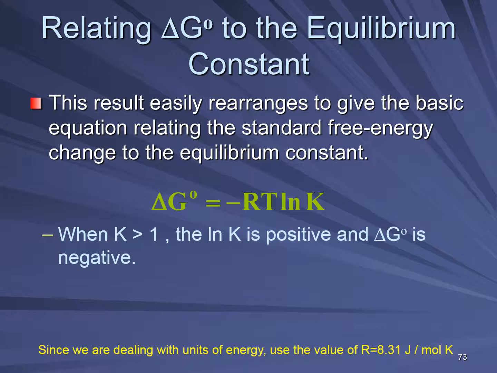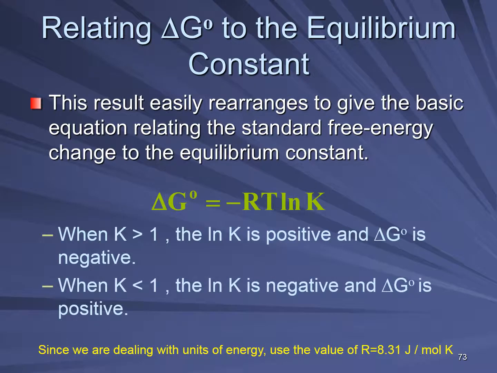If K is greater than 1, products predominate over reactants, so the numerator is bigger than the denominator, and that tells you it's a spontaneous reaction. So it makes sense that they go together. If K is less than 1, that means reactants predominate because the denominator predominates. The natural log of a number less than 1 is negative.